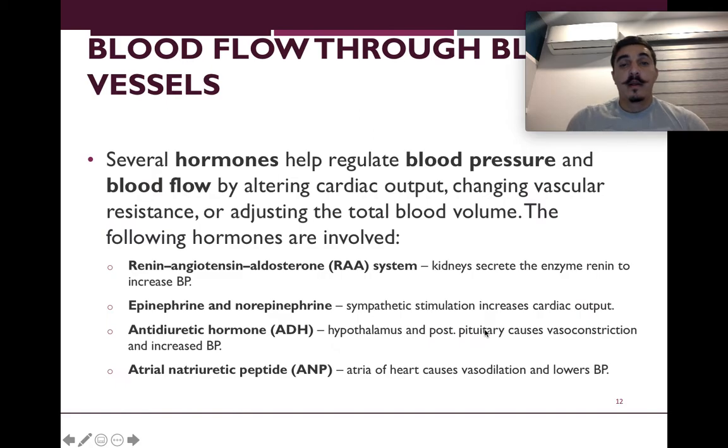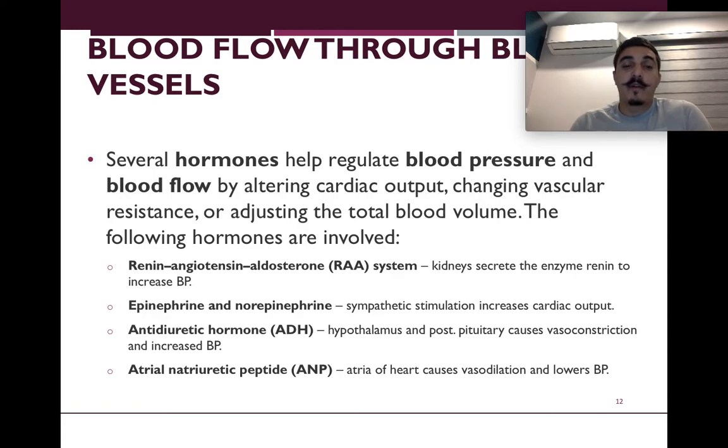There are different hormones that help regulate that pressure and that blood flow. There are a couple of different hormone systems here. The renin-angiotensin-aldosterone system: the kidneys secrete the enzyme renin to increase the BP. It goes from renin to angiotensin, angiotensin to aldosterone, to increase the blood pressure.